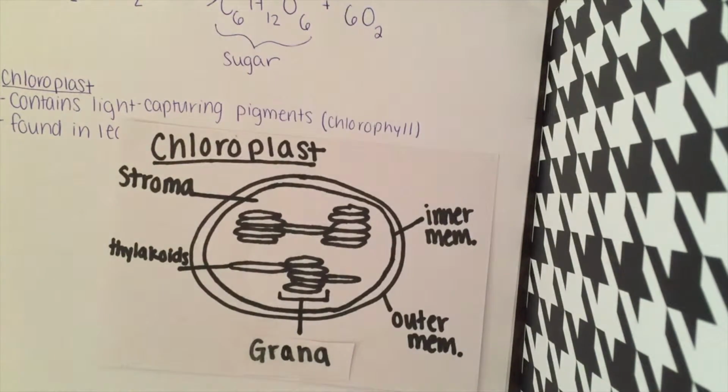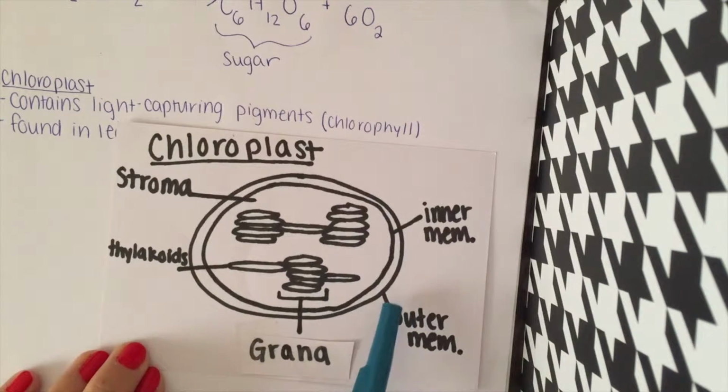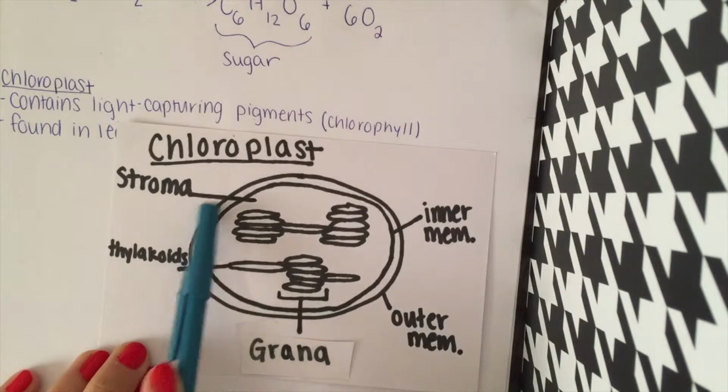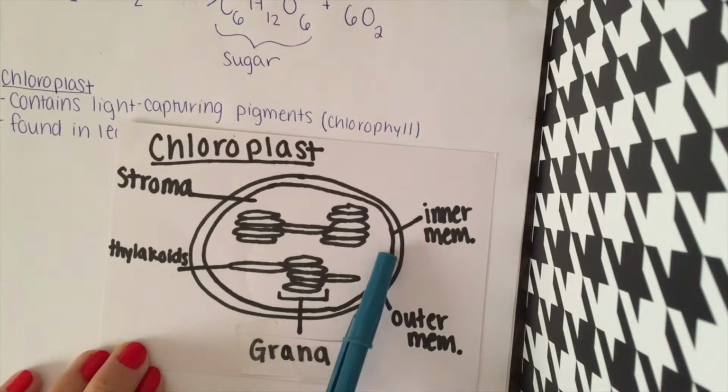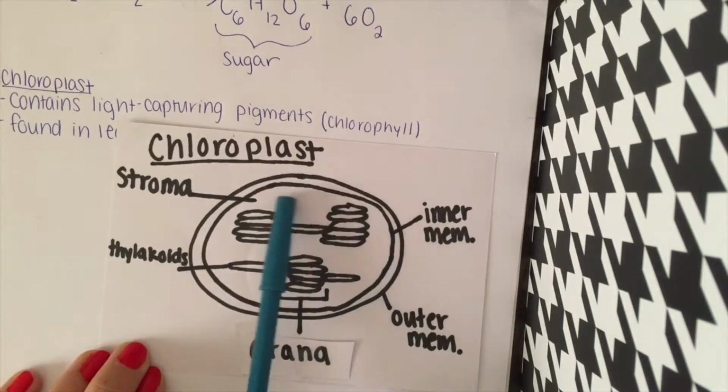So here we have the entire chloroplast. We have an outer membrane right here, the outer ring. The inner membrane right here is the inner ring. And we have the stroma, this space right here inside the inner membrane.